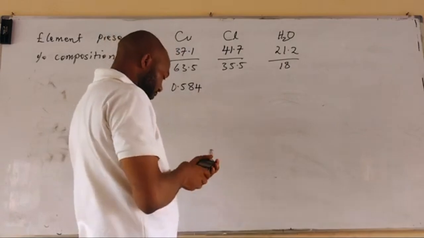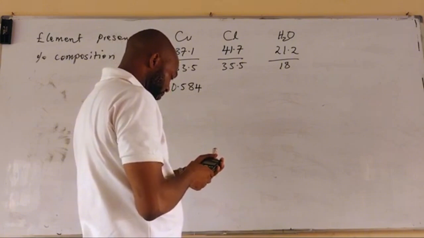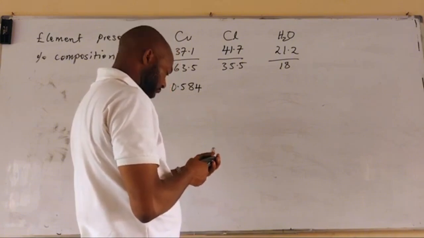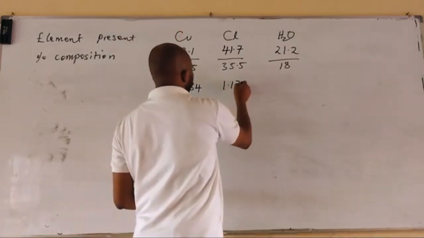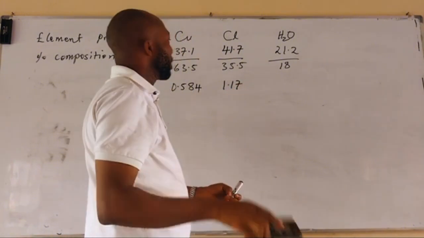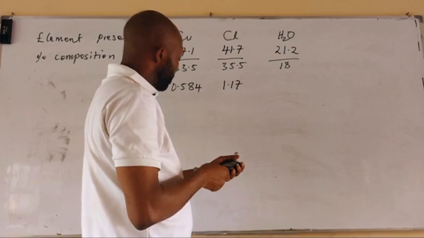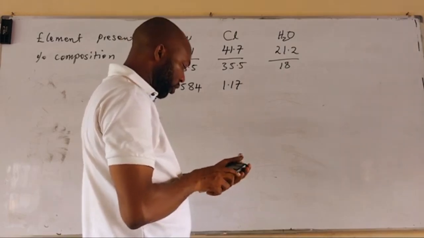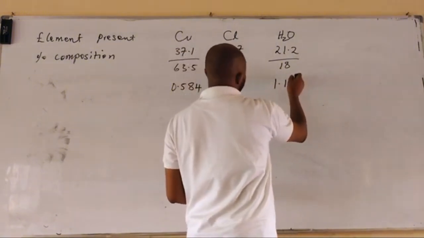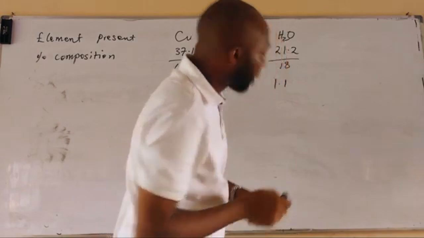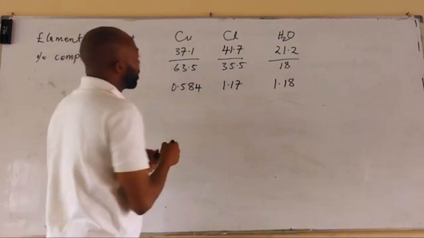Now, 41.7 divided by 35.5, we have 1.17. Then we have 21.2 divided by 18, which is approximately 1.18.